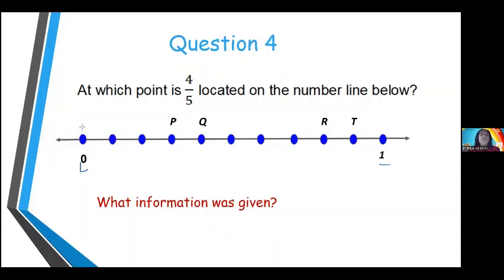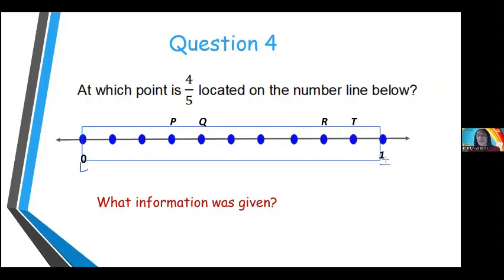So what you can do is turn this number line into a rectangle that you're used to, by just drawing your own rectangle on it. It's your work. As I pointed out, you want to use the most efficient method. Make it manageable for you.